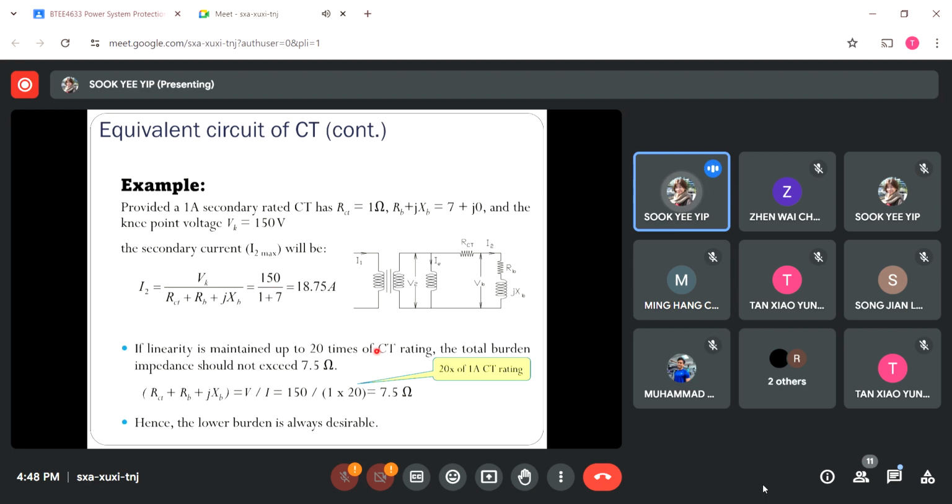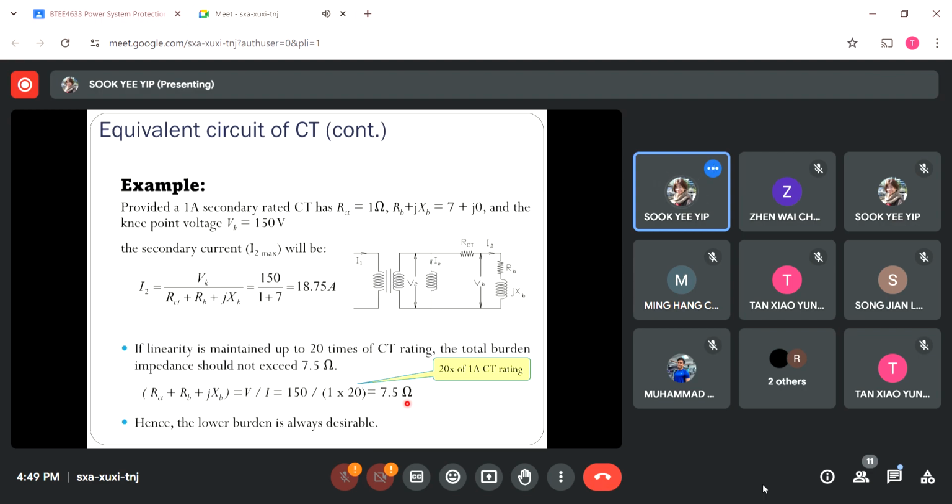So you can see, right, initially I have 8, right? If I'm expecting much higher current flow at the secondary side, the burden value has to become less by 0.5 ohm. So from this example, you can see that in order to have the current transformer measure much higher current value, in this case 20 times higher compared to normal conditions, we have to ensure that the burden placed here should be as low as possible, lower than 7.5 ohms, so that it will not turn into saturation mode.